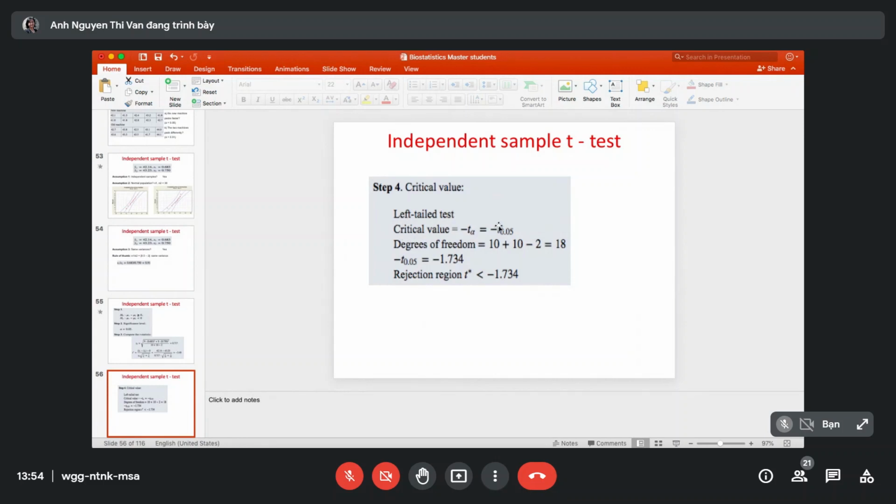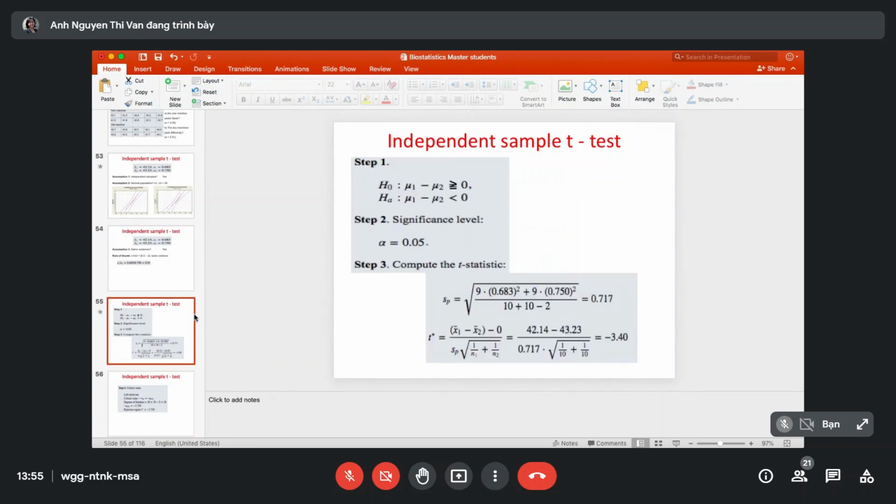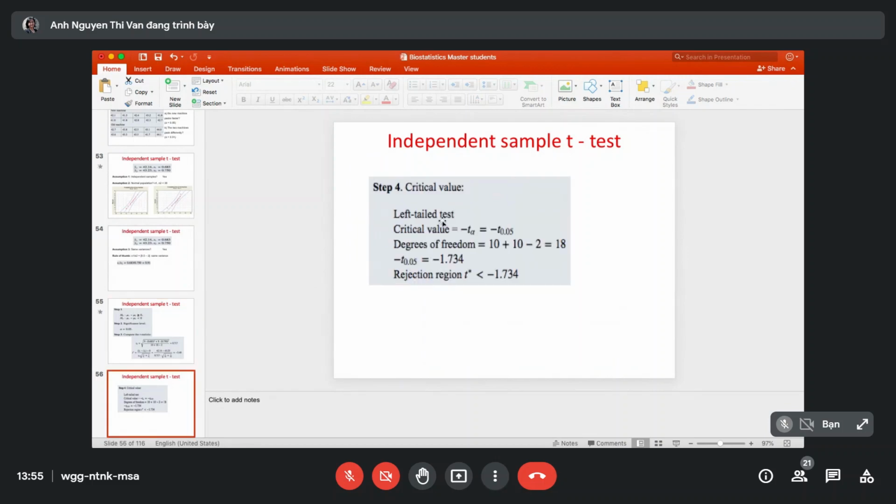To know that, you look at the H0 and answer the question, what values will reject H0? In this case, the low value, mu1 minus mu2 less than 0, will reject H0, so it is on the left. The low value will be on the left, the high values will be on the right. So it is a left tail test.